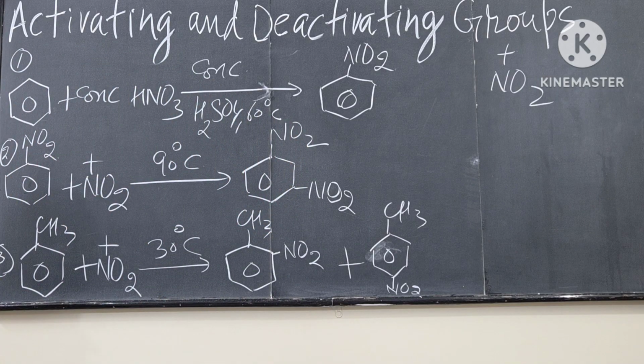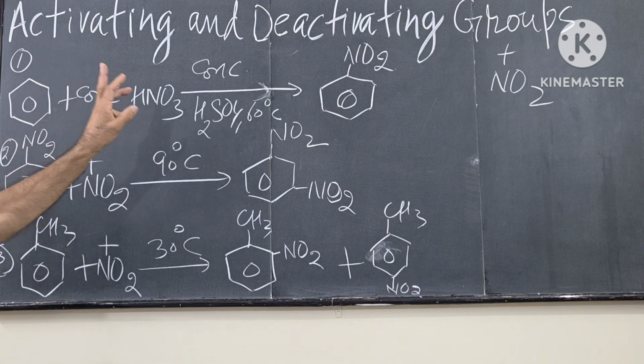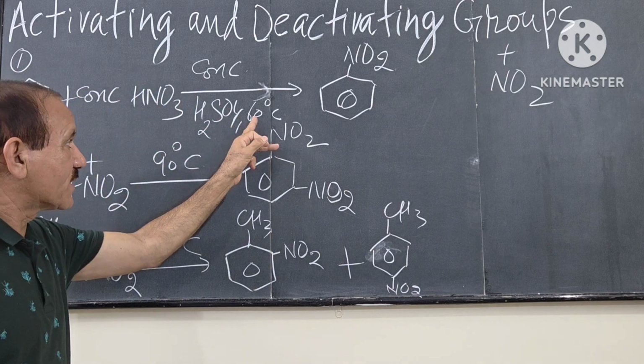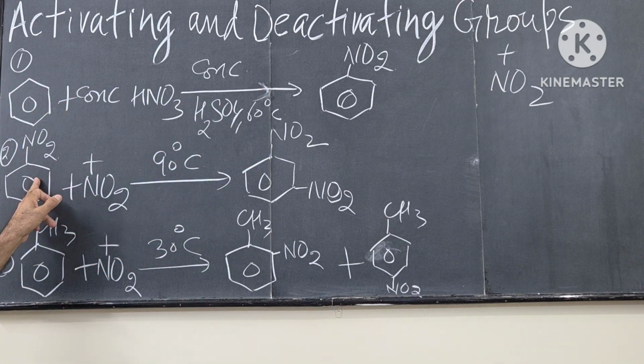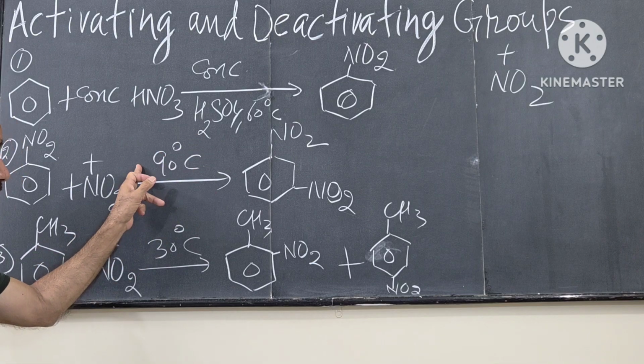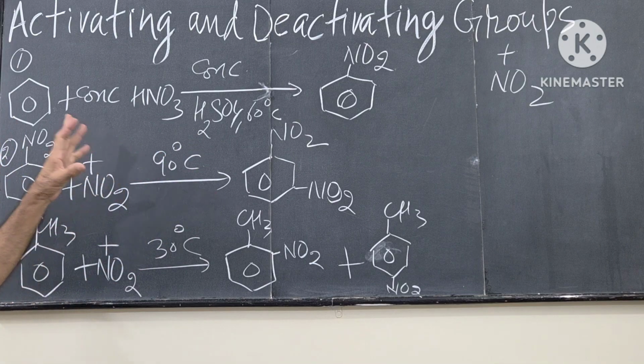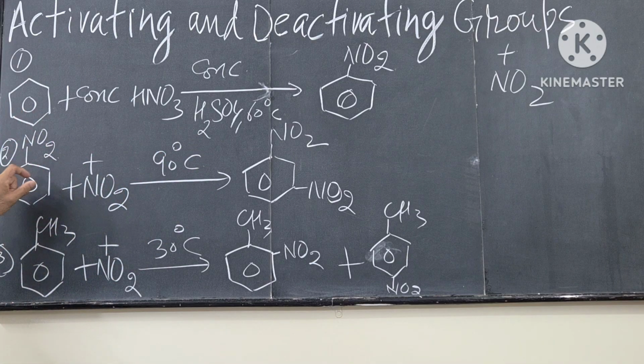So let's compare reaction 1 and 2. Benzene reacts with this nitrating mixture at this temperature, but nitrobenzene reacts at higher temperature. It means we have to supply more energy here. It means this compound is less reactive as compared to benzene.